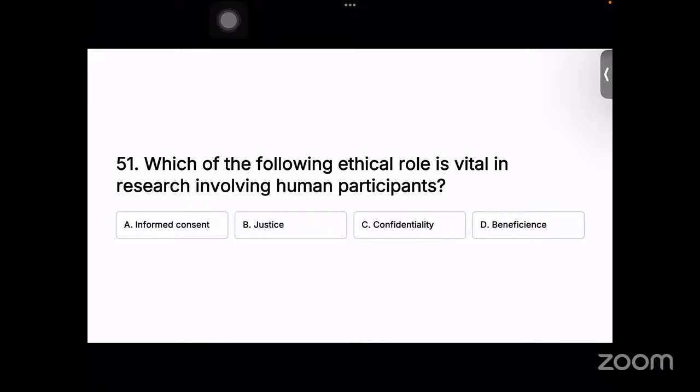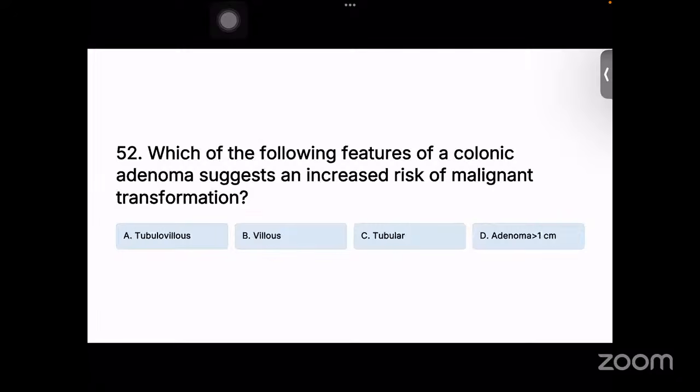The most vital ethical role in research is informed consent, an absolute requirement. The patient must know the risk, benefit, procedure, alternatives, and voluntary participation. All of them.